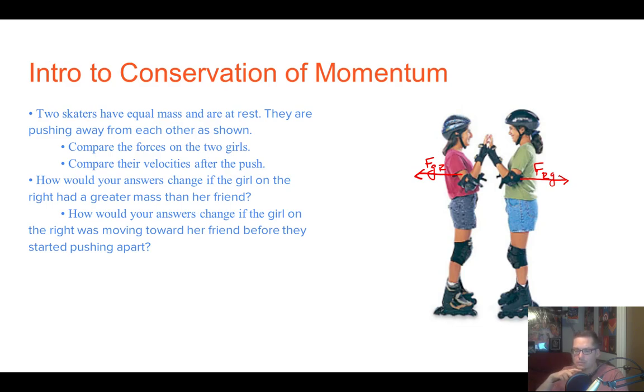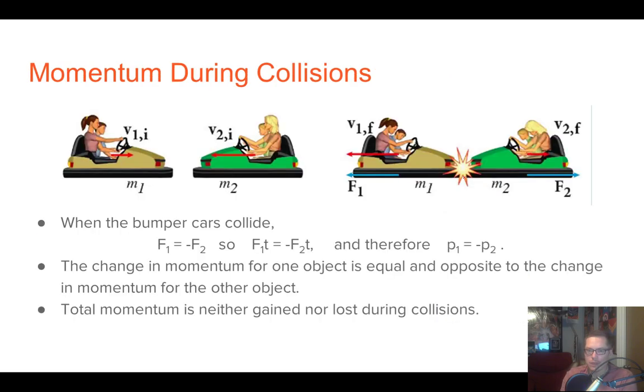And then the last one: how would your answers change if the girl on the right was moving towards her friend before they started pushing? Well, that would give her a greater force pushing, right? And so probably the girl in the green would move faster to the right. The girl in the red might end up going to the left, but probably at a slower value than she was before. Okay. So this brings us to the idea of what happens to momentum during collisions.